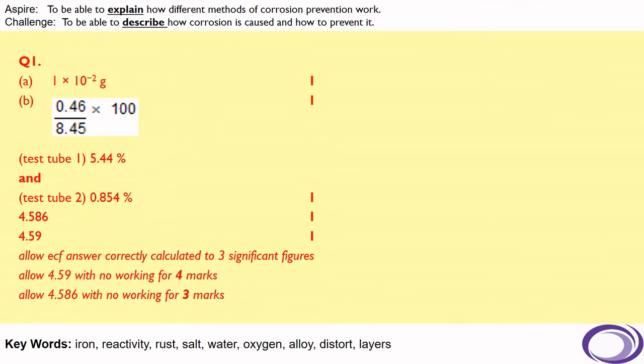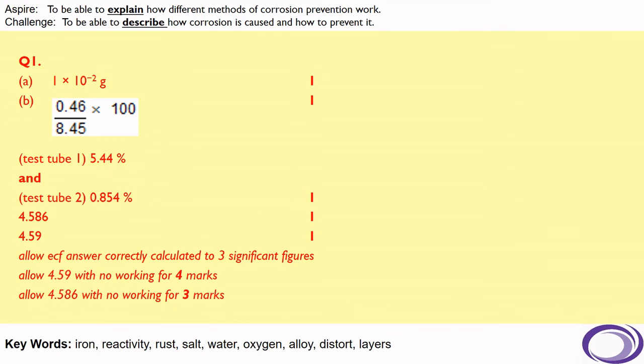Okay, so the resolution of the balance was 1 times 10 to the minus 2 grams. Now, there's an example of the working out on the screen at the moment for the percentage change. Remember that the percentage change is the change divided by the initial times 100, which meant the percentage change for test tube 1 was 5.44%, and the test tube 5 was 0.854%.